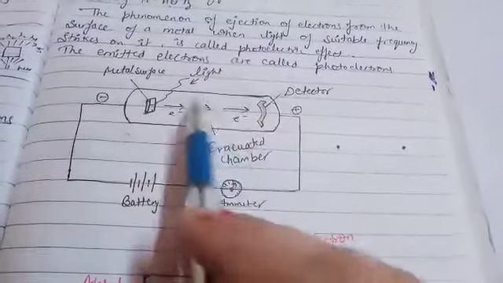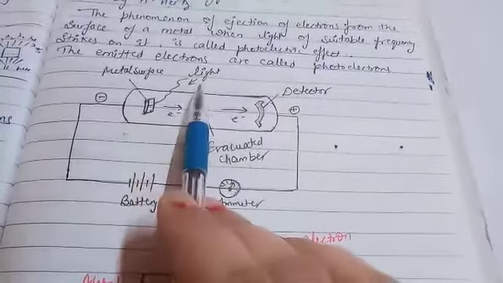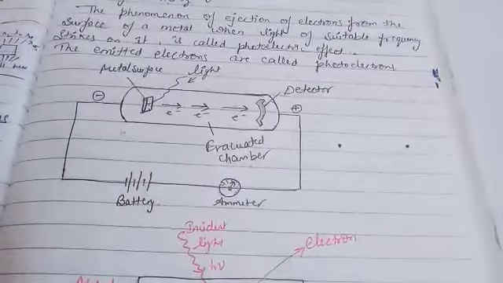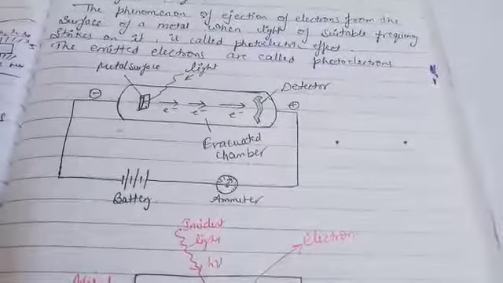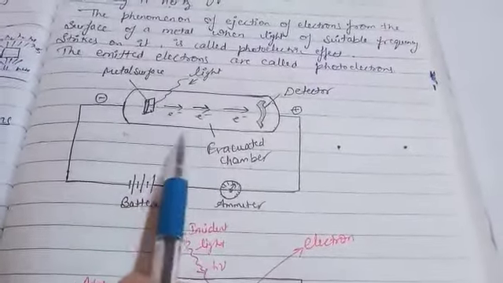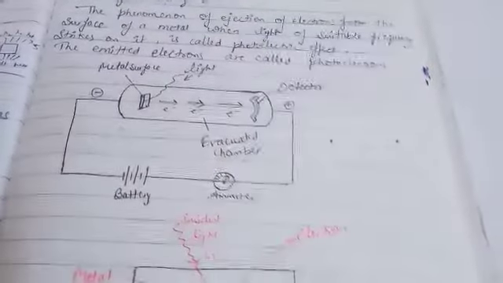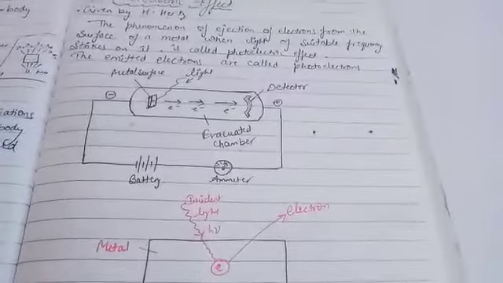This side there is also an emitter. So he saw that when light of sufficient frequency, you can say a suitable frequency, strikes a metal surface, then there is an ejection of electrons, and that is the photoelectric effect.